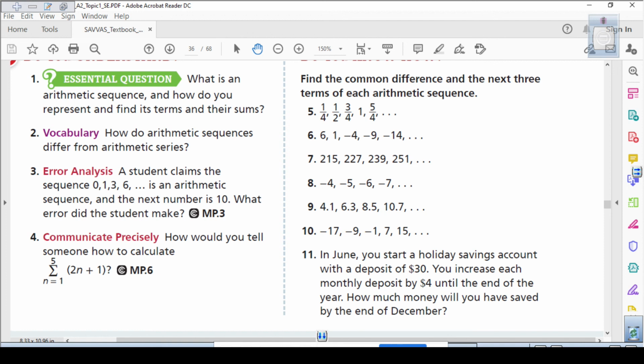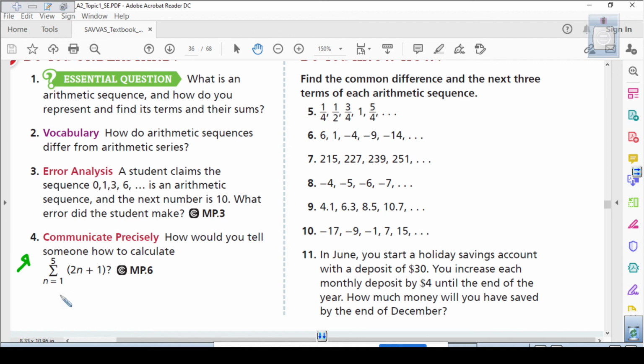Okay, what do you think is going on here in number 4? How many terms do we have for this? How many terms are you adding in number 4? That's right, Juliana. How many terms are you adding for number 4 for this notation here? You're going from... Yep.